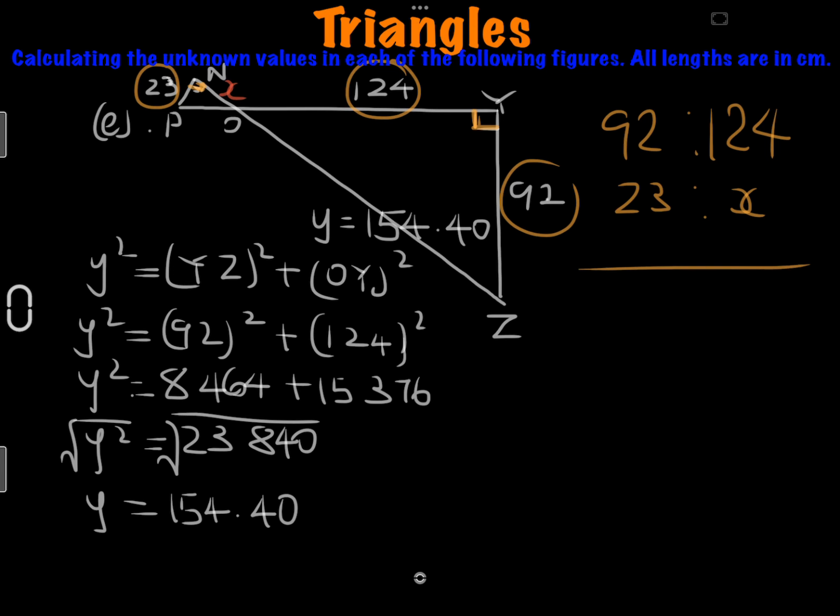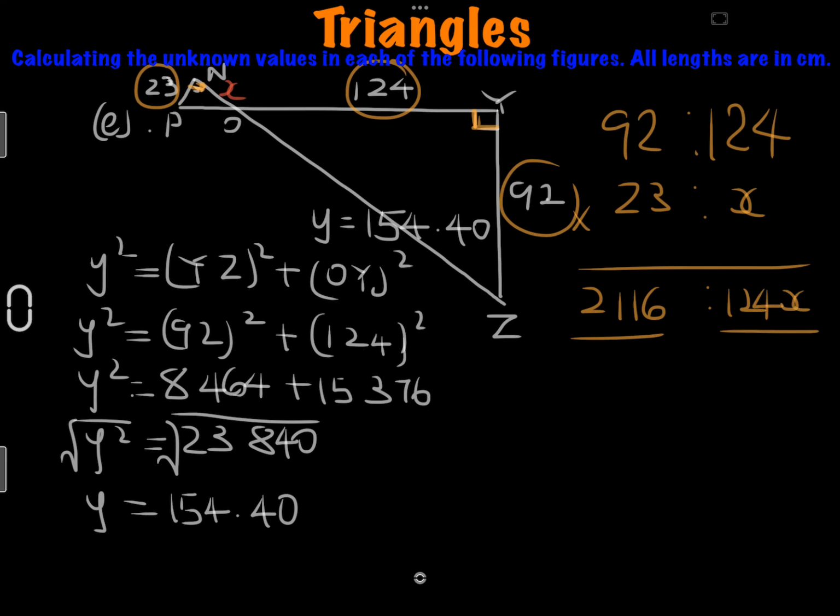So we need to multiply this together. 92 multiplied by 23 gives us 2,116. And 124 multiplied by x gives us 124x.